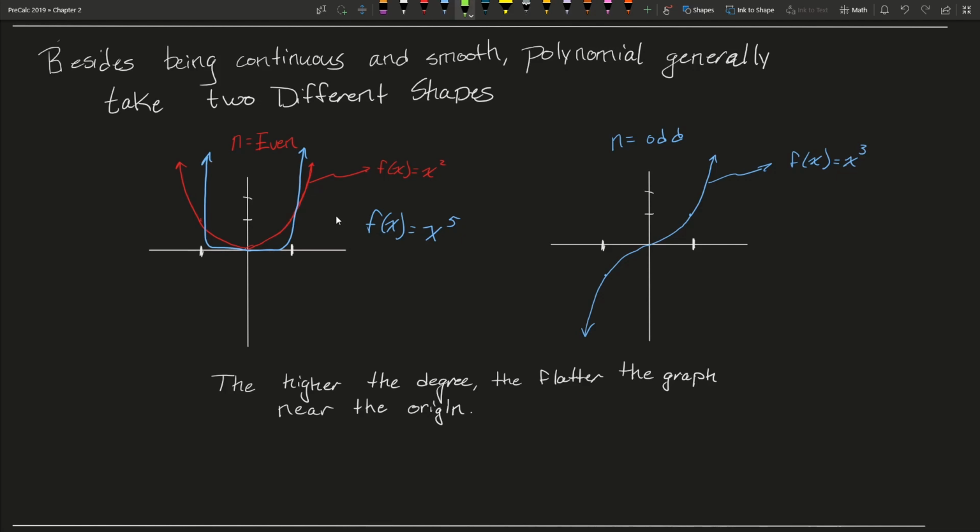And same thing for the odd case. Say we have f(x) = x^7. It will be much flatter toward the origin, but will go up at a faster rate.